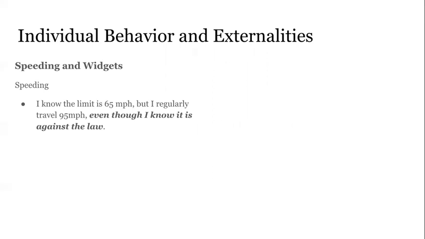And if we're really running late, then we might speed some more, because the calculation is, I want the benefit of getting to my destination, whether that's my job, some sort of important event, whatever it might be. I want to get there, and I want to get there timely. And that benefit exceeds the relative potential cost. Most of us totally discount the cost of getting into an accident or causing an accident, and most of the time it's the cost of being caught for the speeding violation.